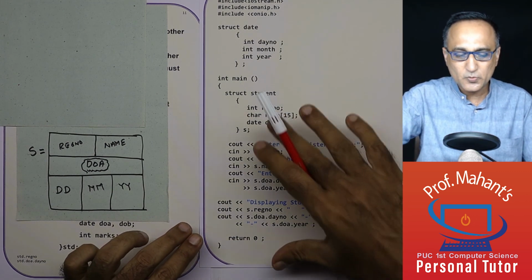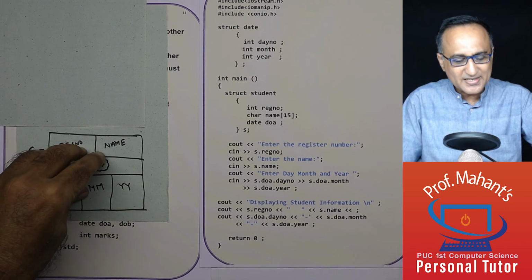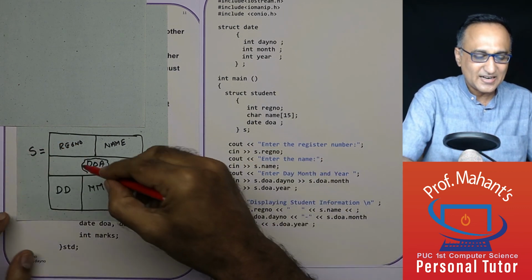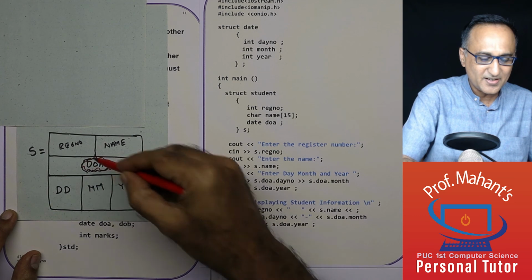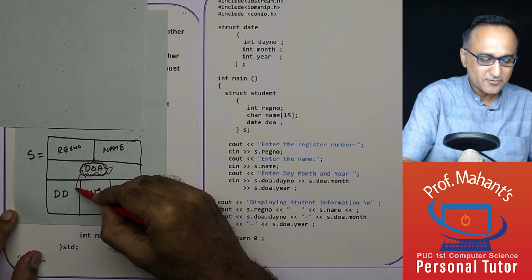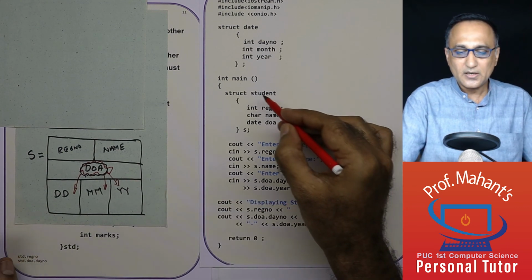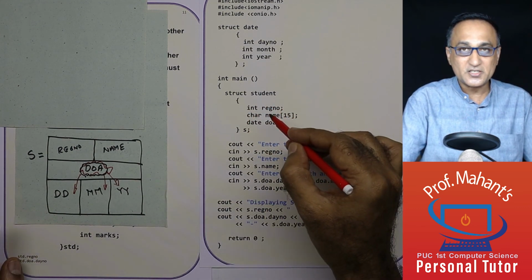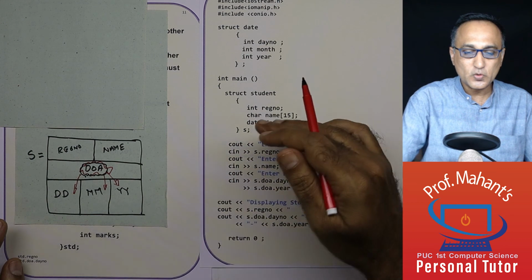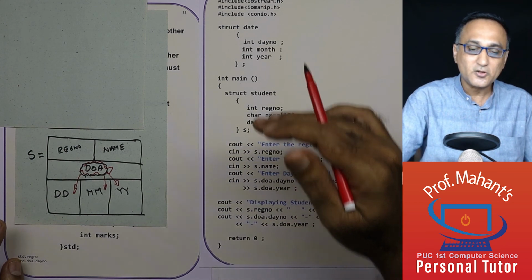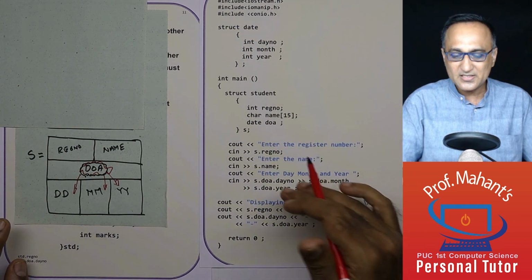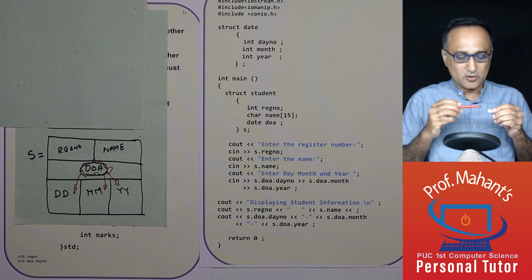If you take a look at this program and draw this diagram, you will be able to easily understand. Just circle this in red to understand that all these members do not directly belong to the yes structure or the student structure. They are members of student through another structure, and this is the way I refer to them using the dot operator.